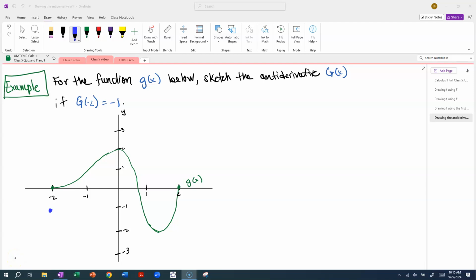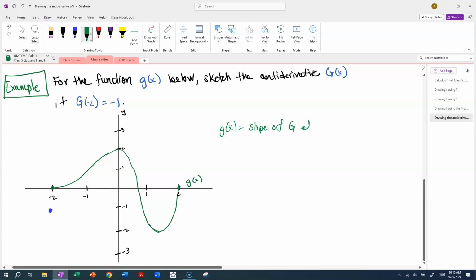So again, remember that the derivative is showing you the graph of the slopes. So I need to view g of x as the slope of G at x. What this is telling me is that when x is equal to negative 2, it has a slope of 0, and then the slope is becoming more positive.